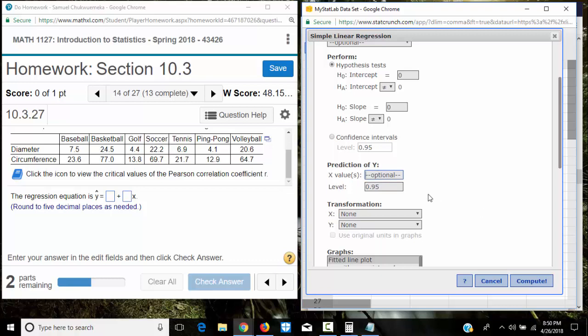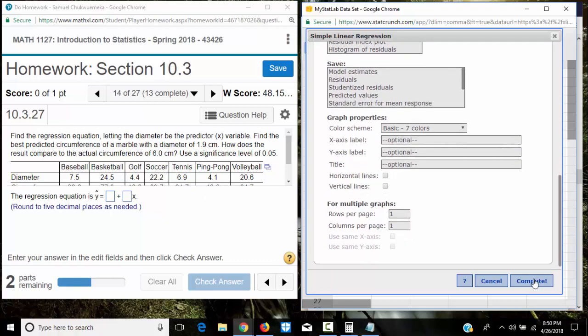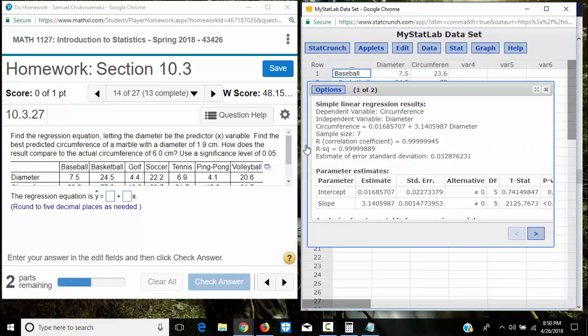They want us to predict y for an x value of 1.9. And you press compute. See that here?